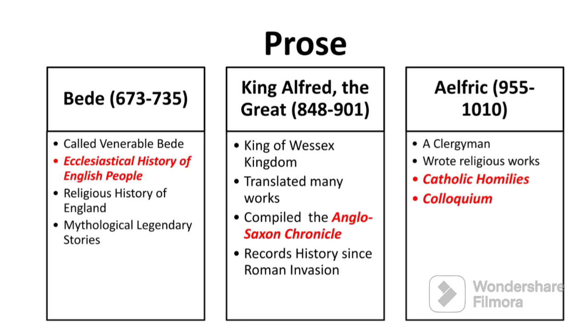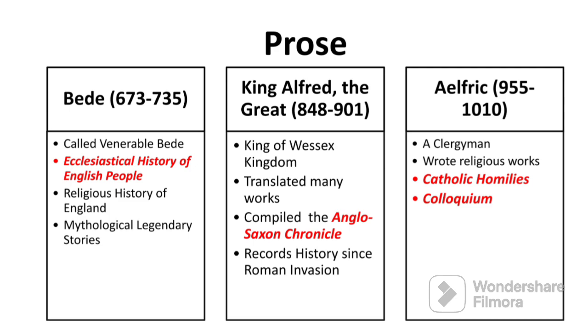Coming to the prose works, Bede is an important writer whom we call Venerable Bede. Venerable means respected, and he wrote the Ecclesiastical History of the English People. He has written so many works, around 42 works he has produced, but we are only going to focus on the Ecclesiastical History of the English People, because it is the earliest record of English history that we know till date, and it gives us information about the Anglo-Saxon age.